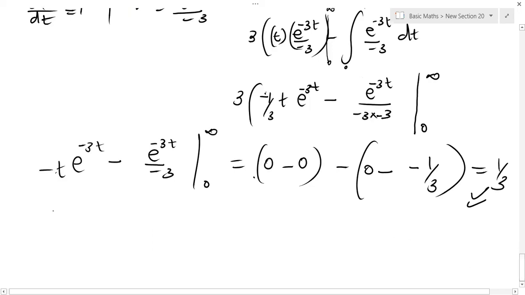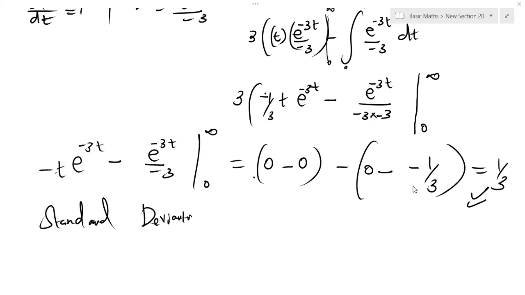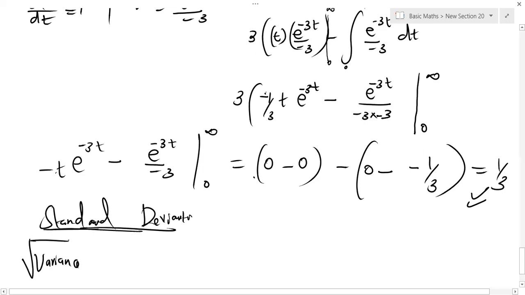Now, the last part is the standard deviation. We first need to write the formula. The standard deviation is the square root of the variance, and our variance is given by the integral from negative infinity to infinity of x squared f(x) dx.